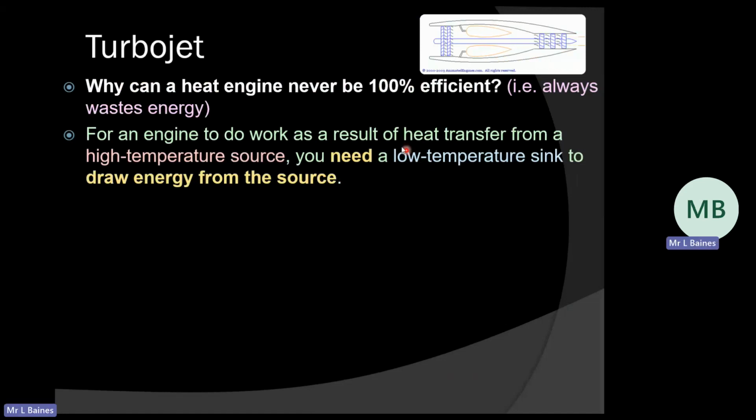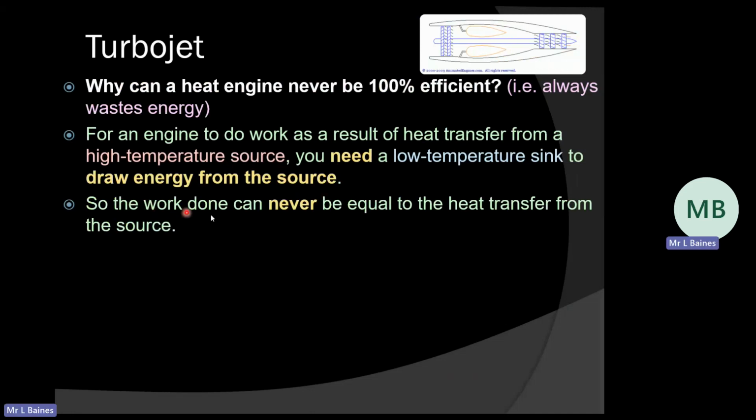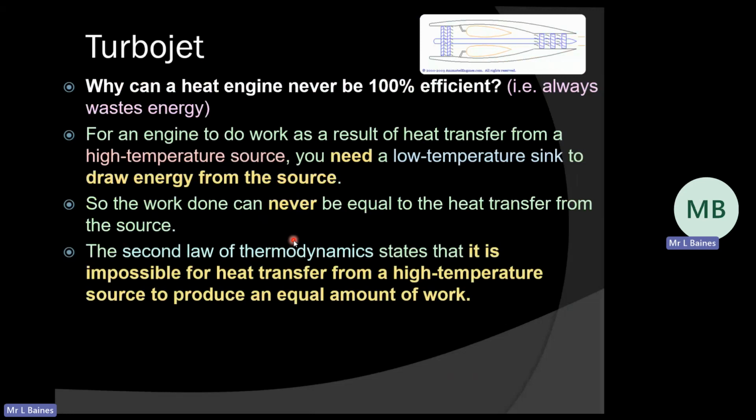In order for the energy to be withdrawn from my high temperature source, there has to be a difference in temperature. So the work done can never be equal to the heat transfer, because if there's no heat transfer, there's no movement of energy between those two. So this is the second law of thermodynamics.